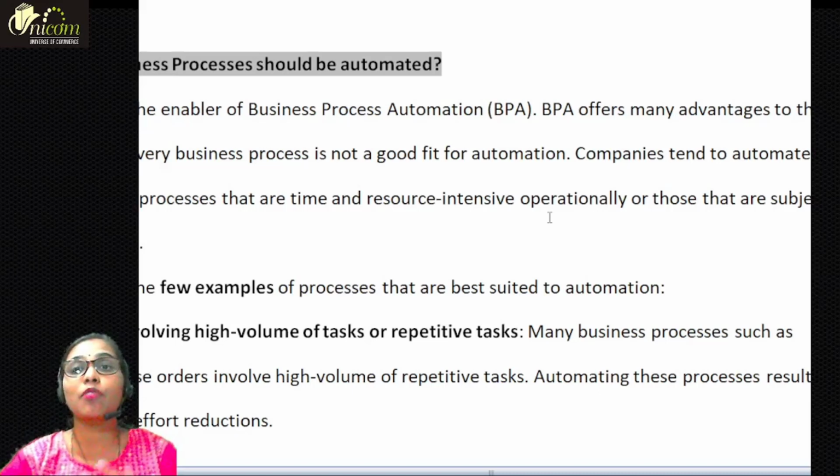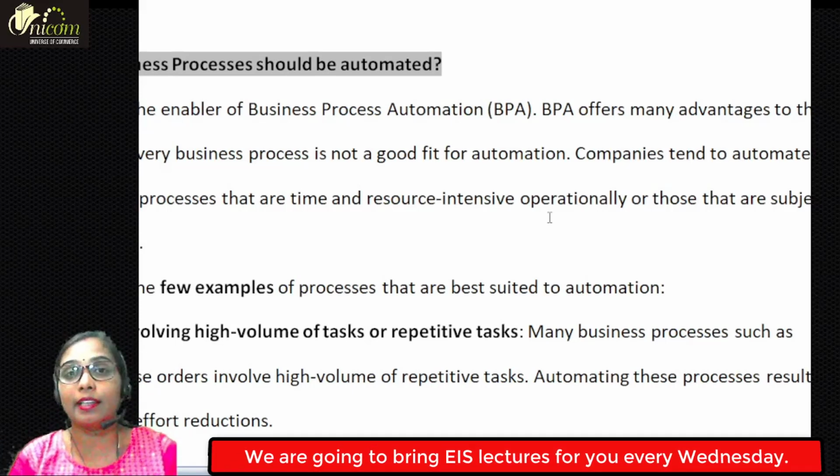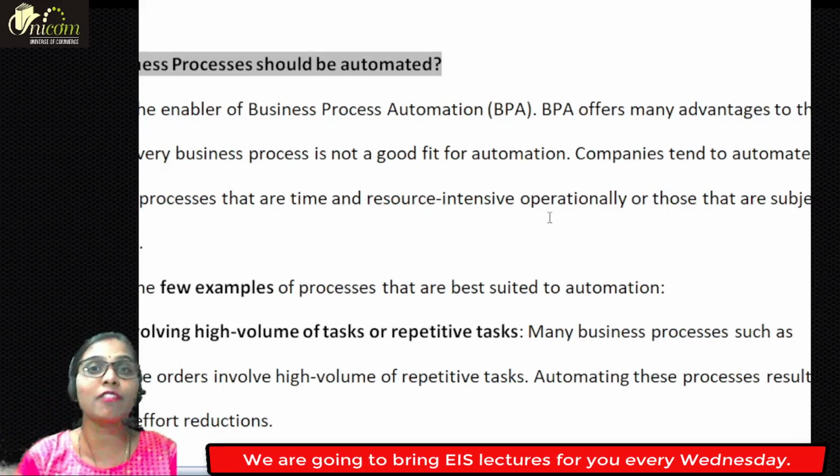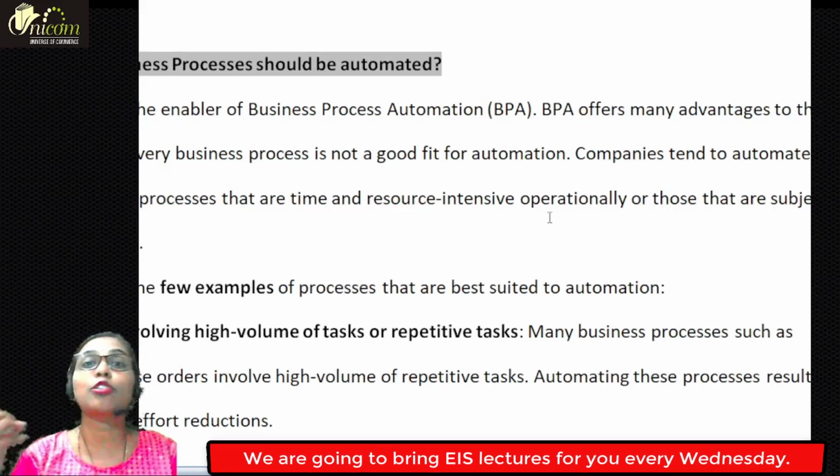Automation means something which is done through software. For example, you are searching on a website and you are lost, you are not able to find the way out, there is no guide. Then there is a small chat box or a small software which has been inbuilt, and that is called a help box.